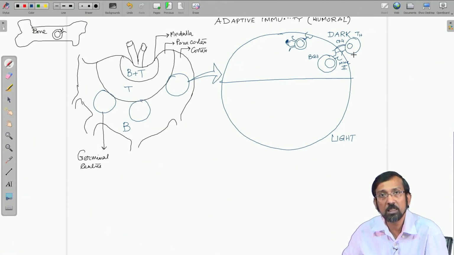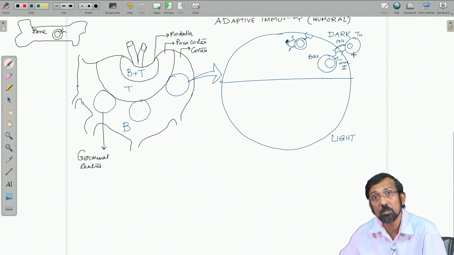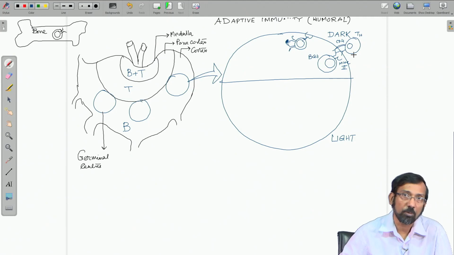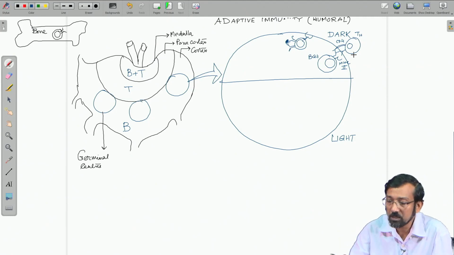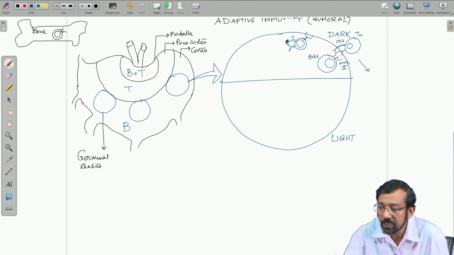This interaction is not just an MHC to the T cell receptor interaction, there are certain other co-stimulatory interactions that are also required. So let us see what exactly happens.